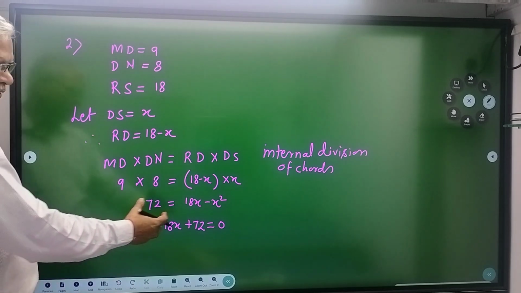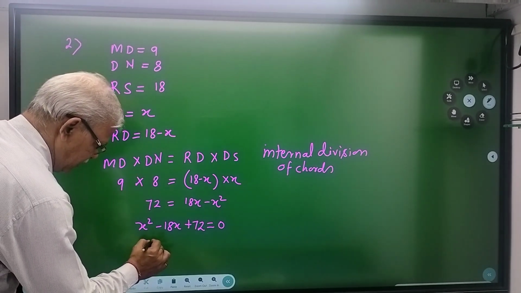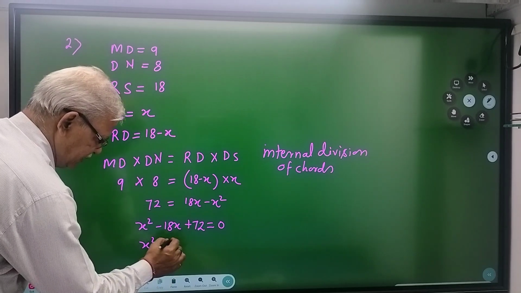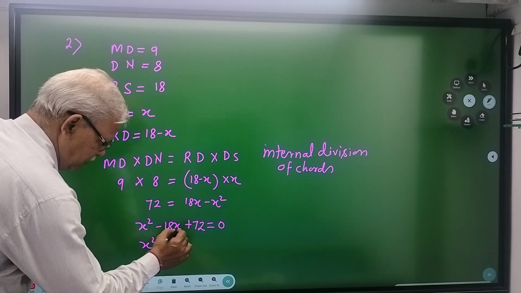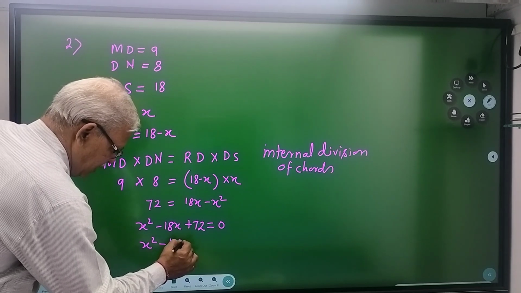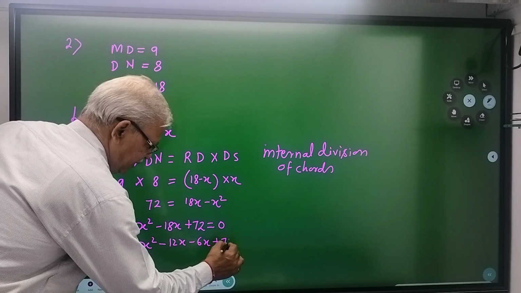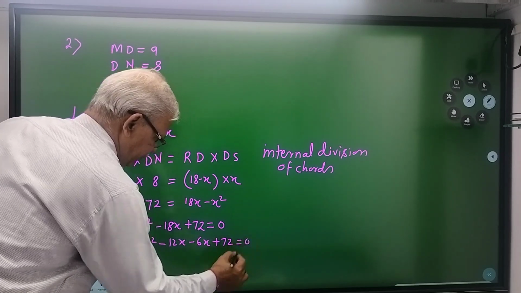Now we will solve it. As you know, for the quadratic equation, 12 times 6 is 72. Therefore x square minus 12x minus 6x plus 72 is equal to 0.